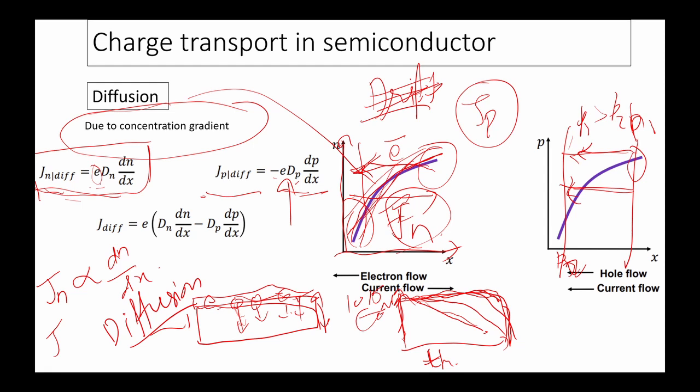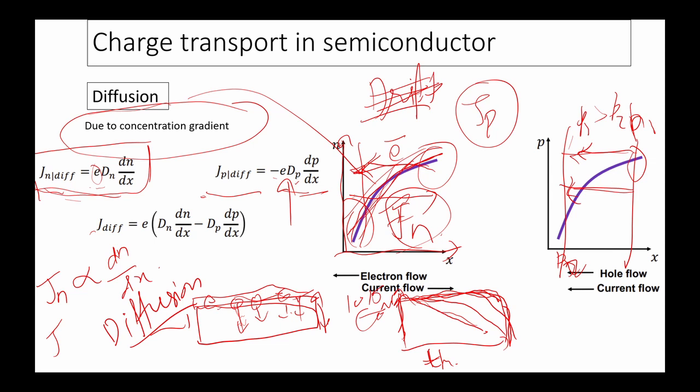The total diffusion current in any semiconductor, which has electrons and holes, can be doped n type or p type, like a pn junction.